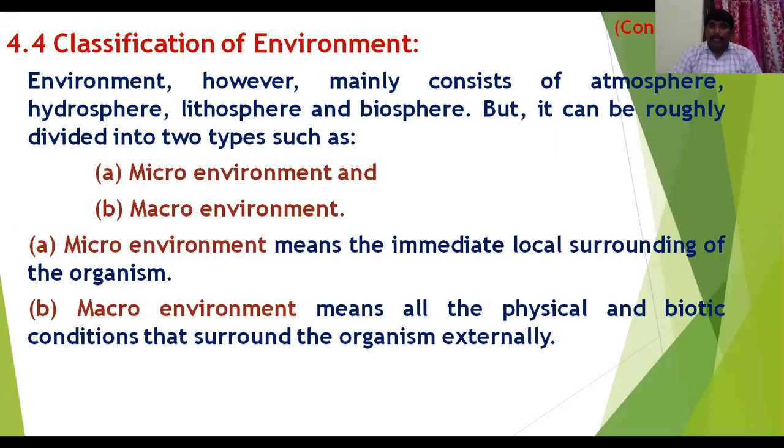But it can be roughly divided into two types, such as A, microenvironment, and B, macroenvironment. Microenvironment means the immediate local surroundings of the organisms. Whereas the macro environment means all the physical and biotic conditions that surround the organisms externally.